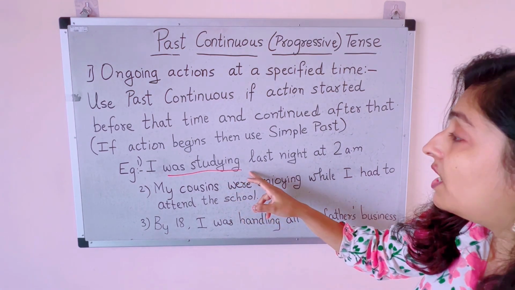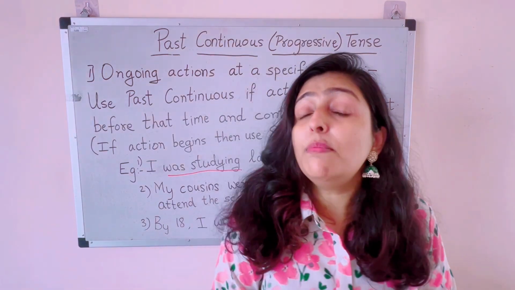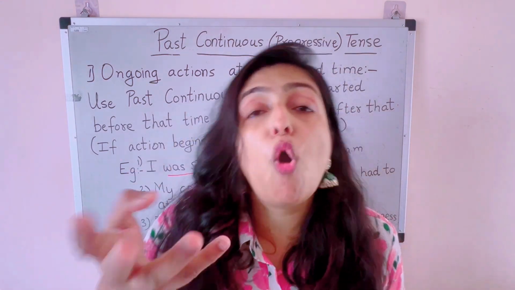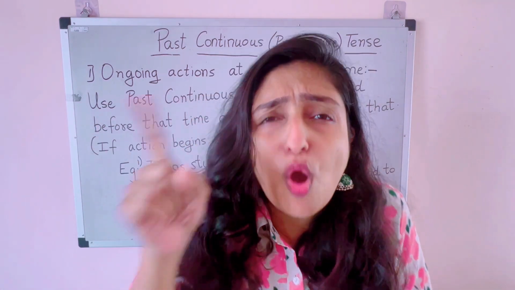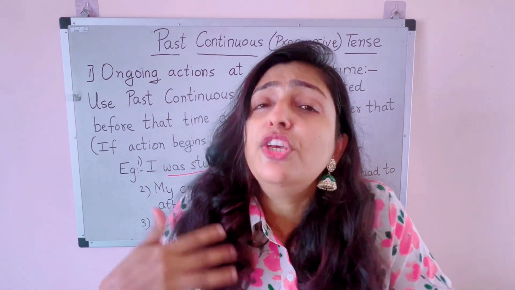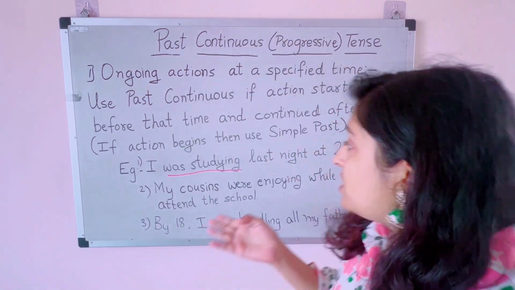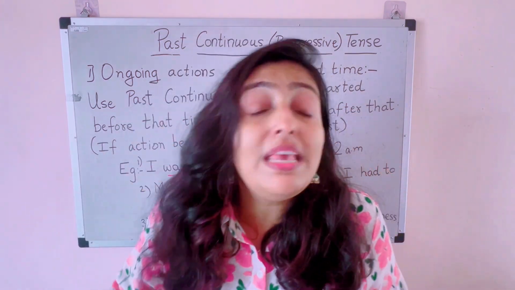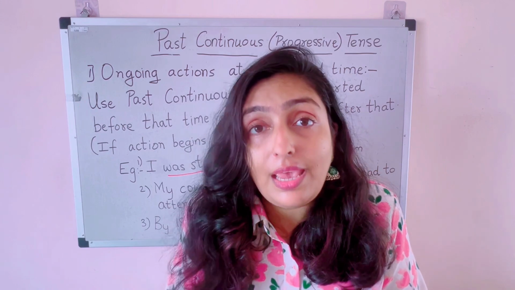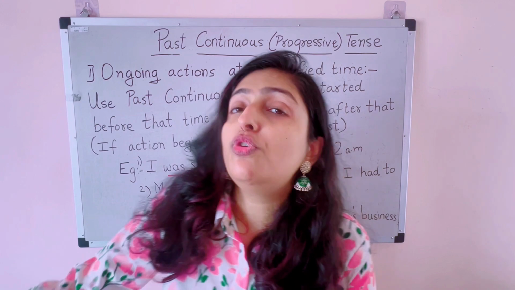Imagine that a neighbor came to your home in the morning and she said, "Hey, did you hear any sound or a noise in the building premises last night at 2 a.m.?" And you said, oh, last night 2 a.m., I was studying. I was busy. I was engrossed in studying, or I was sleeping. I was so engrossed in studying that there's no chance that I could have heard that sound or noise.